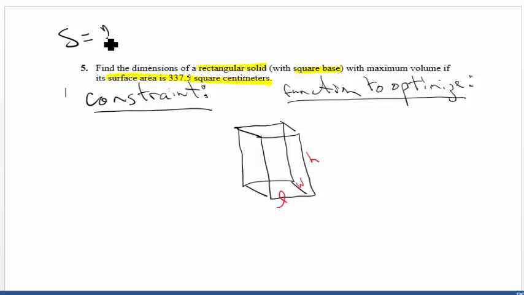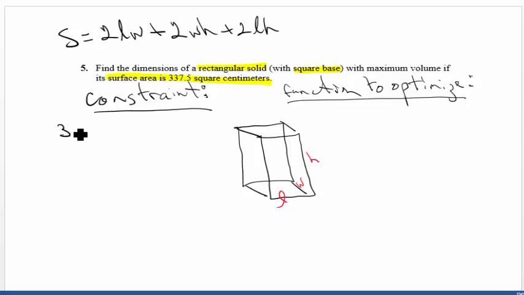So there's 2 length times width, right? Then 2 sides, which are each WH. So 2 WH, and then a front and back, which is this and that back piece. So those are LH, so 2 LH. And in this case, they tell us the surface area is 337.5.